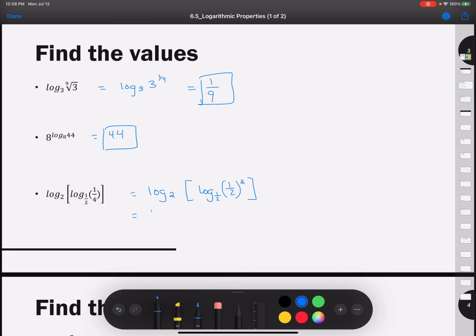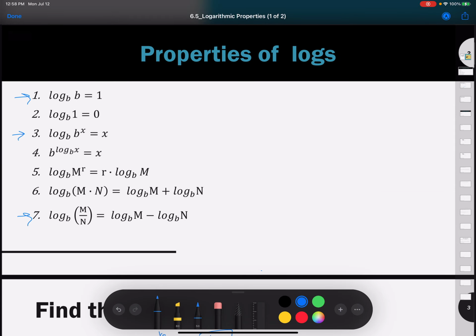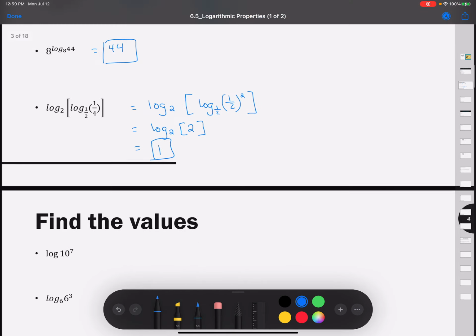So now I get log base 2 of log base 1/2 of 1/2 squared, which is equal to 2, using the same property as the first example. And then log base 2 of 2 is just equal to 1, property number 1.